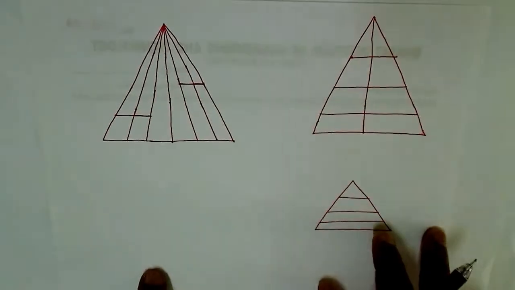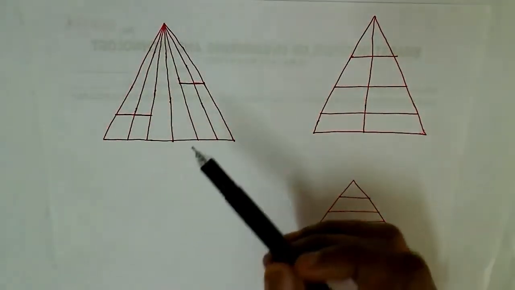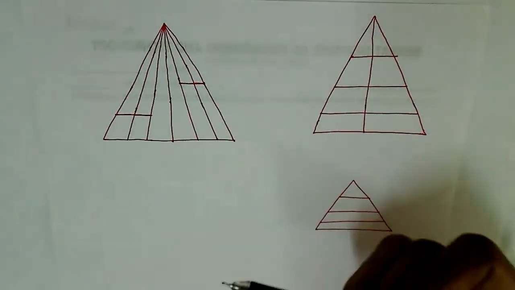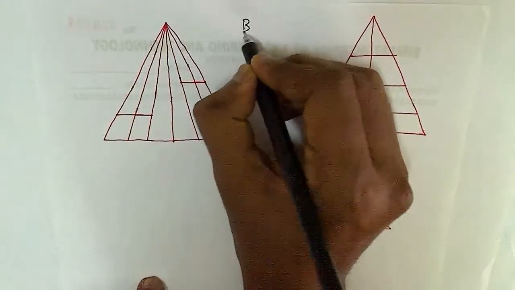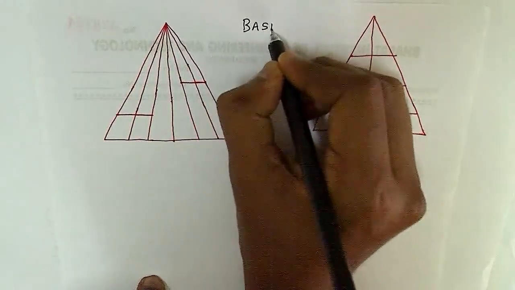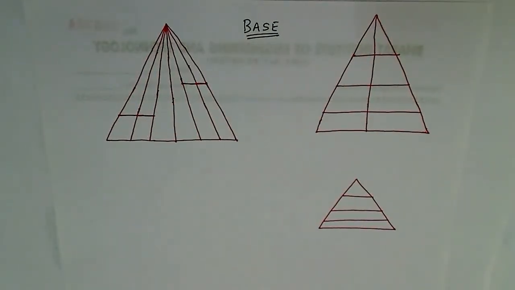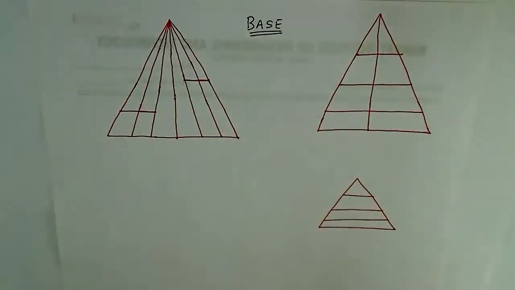Now let's complicate the figure. Suppose this kind of figure is given and they ask you to calculate the number of triangles. By using the same trick, you will be able to do it. What you have to do is just identify the base. Once you identify the base, you can calculate the number of triangles. So here, which one is the base?